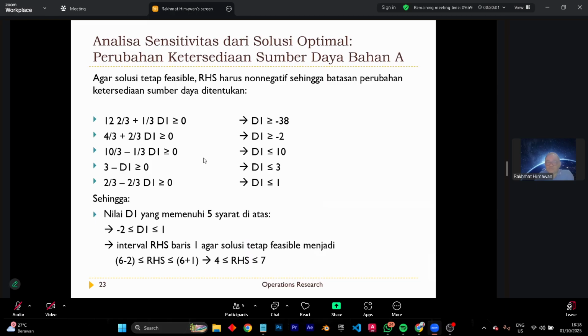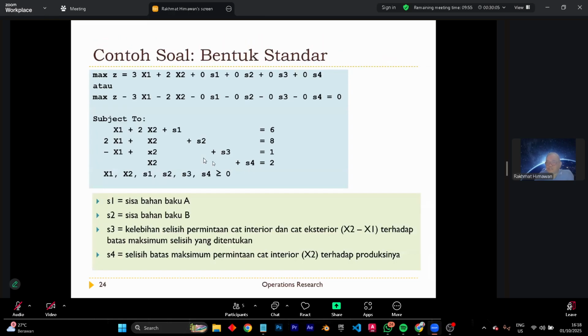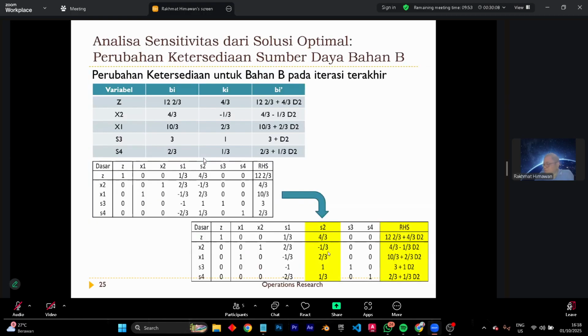Including the B, same. Put the original RHS plus the coefficient of raw material B into D2, with the minus or plus sign based on the sign of this coefficient, and based on this you get the new right hand side.